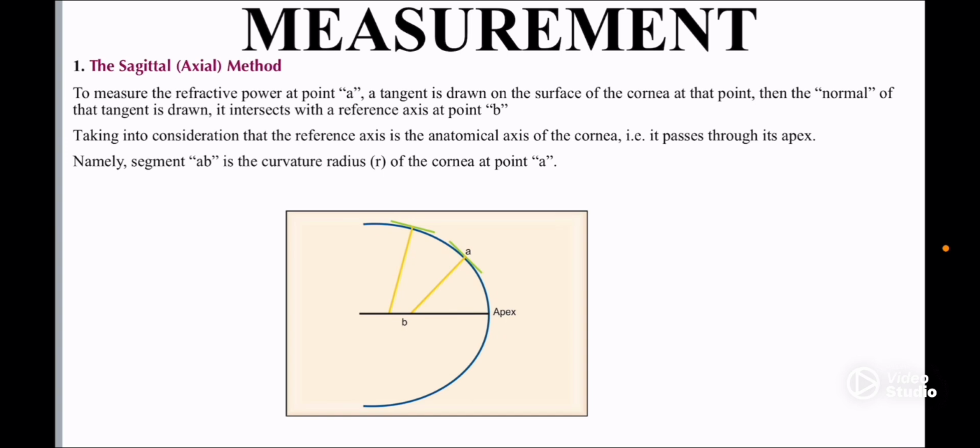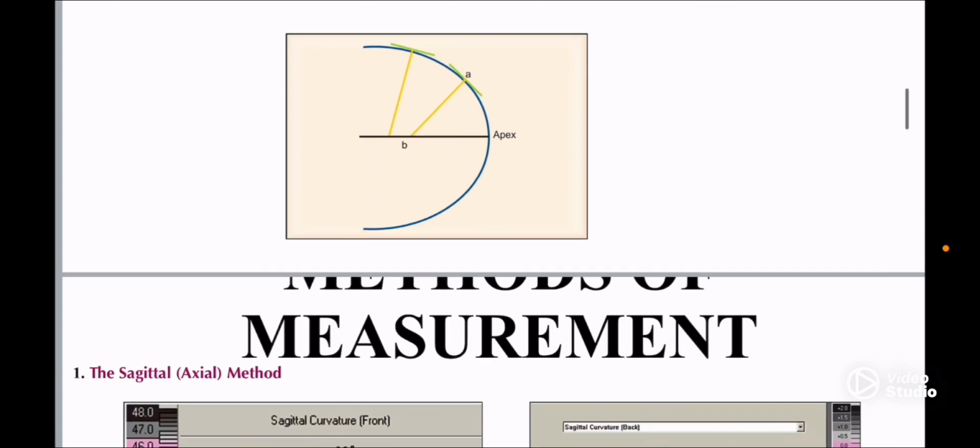Now, taking into consideration that the reference axis is the anatomical axis of the cornea, that is, it passes through its apex, the segment AB is the radius of curvature of the cornea at point A. So it means that it will give different radii of curvature at different points. Now, how will the map look?